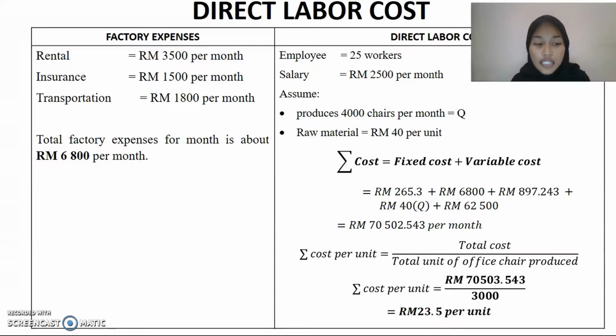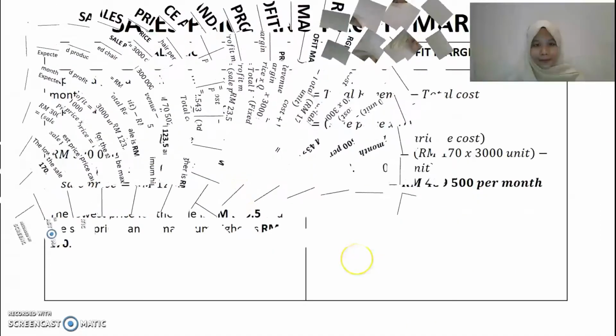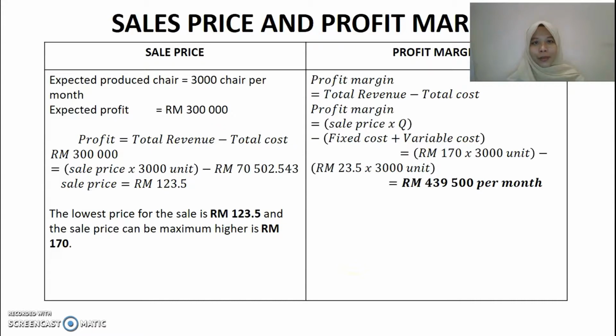So the total is 70,502.54 per month. So the total cost per unit is 23.5 per unit.